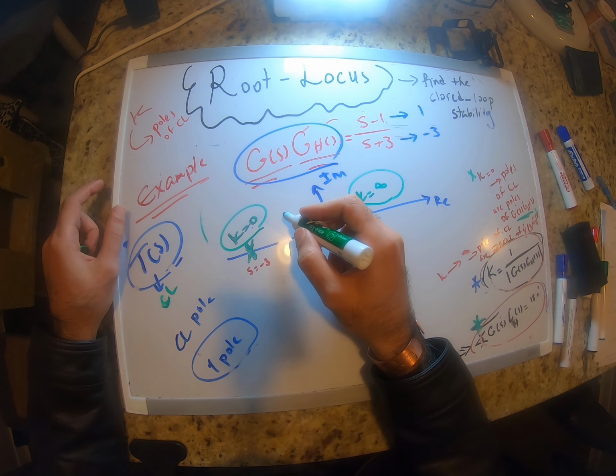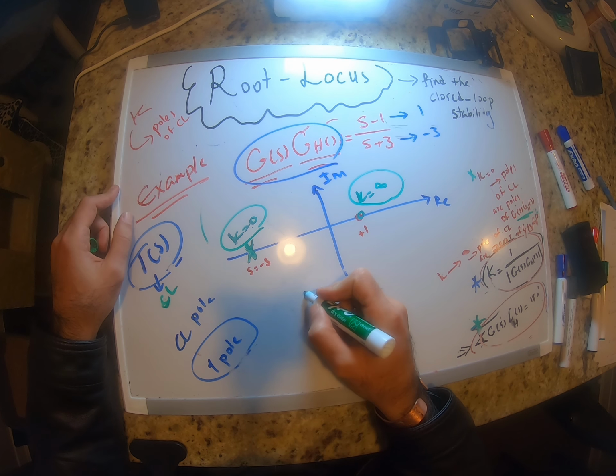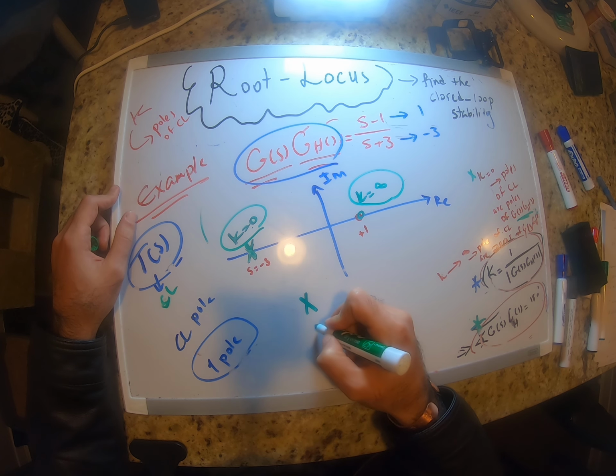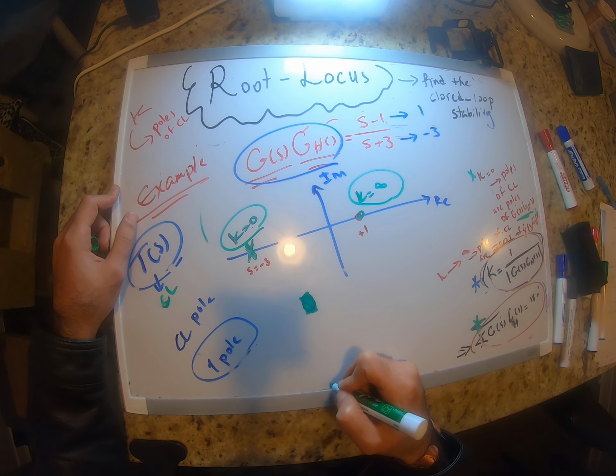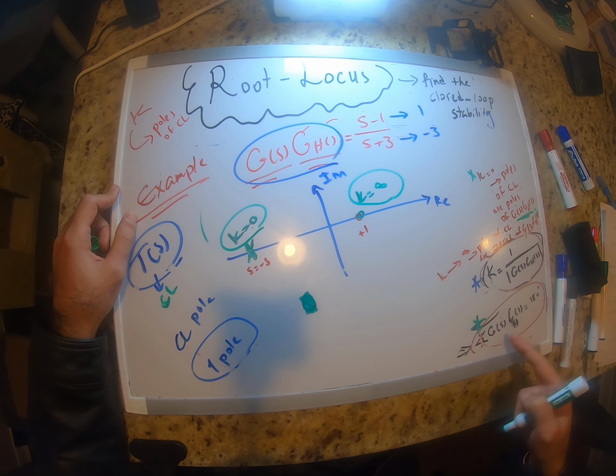Let's say we just pick a random point here. If the pole of the closed loop system should exist at this point, we know that this should be satisfied, right?